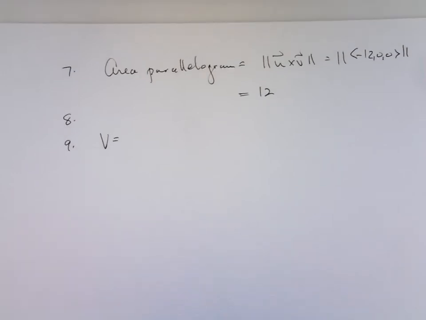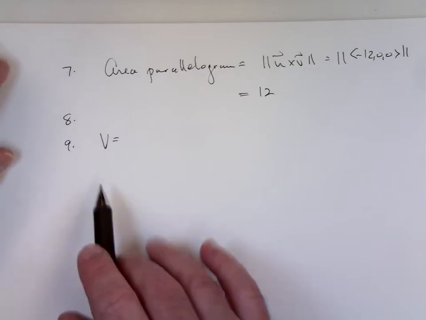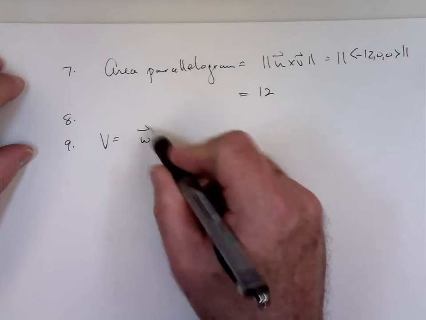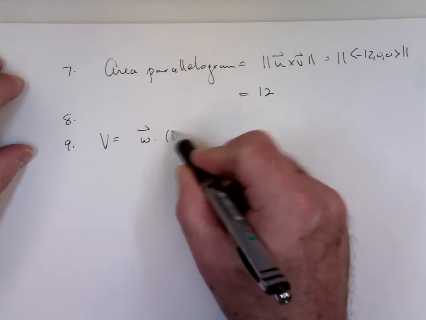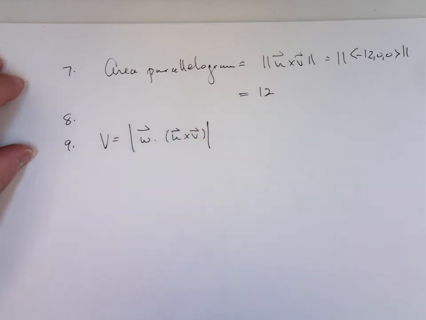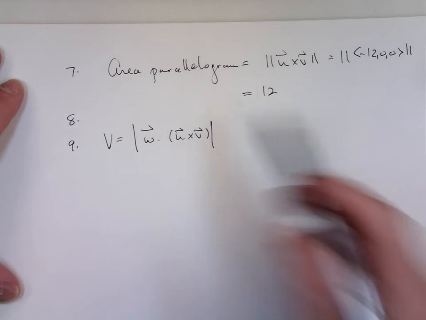There. Okay. So I'm going to go to number 9, which is the volume, which is the triple scalar product of W with a cross. Take the absolute value because there's no guarantee it's going to be positive. Depends on the order of things.